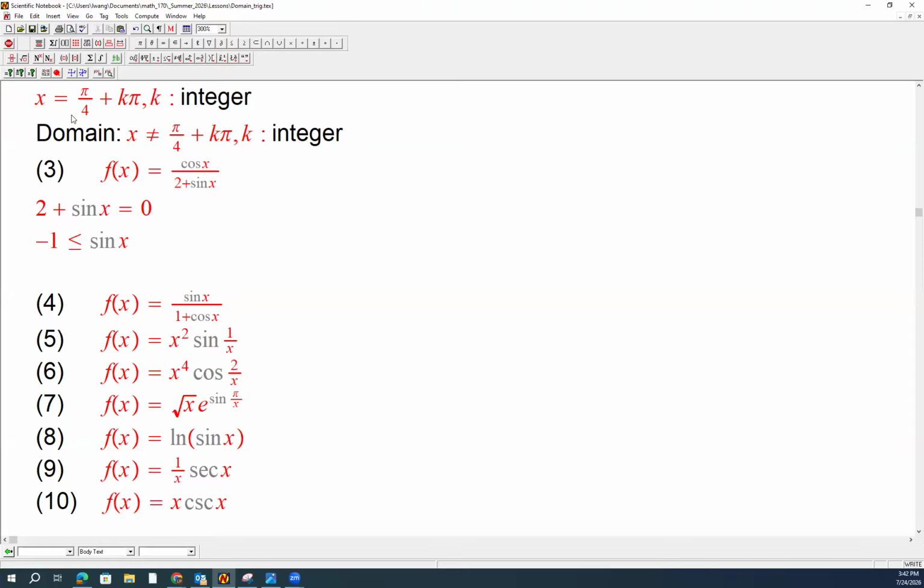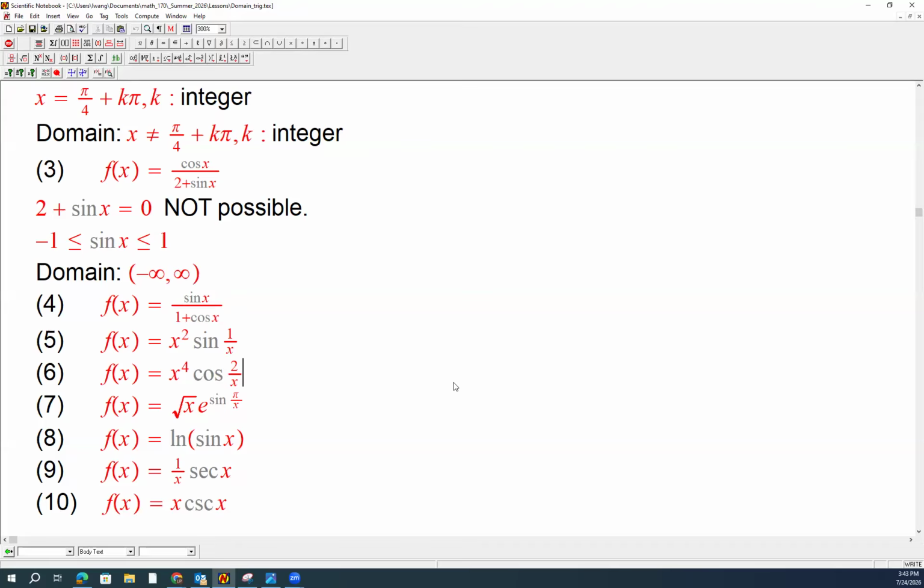So sine will never be -2. Because of the range of sine, this equal to 0 is not possible. So the denominator will never be 0. Therefore, the domain would be all real numbers, from -infinity to +infinity.